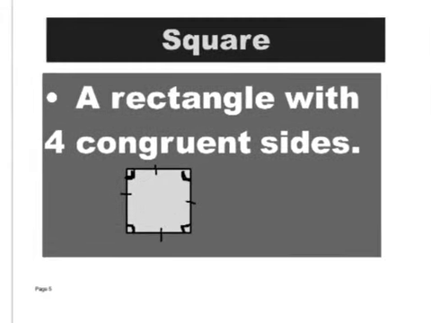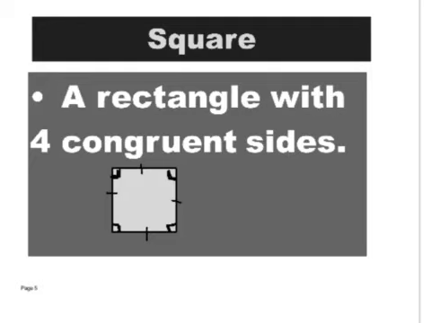Now this is a square. A square is exactly like a rectangle, except that all four sides are congruent to each other. Now I know this kind of doesn't look like it is, but that's because of the iPad kind of squeezing it down. These are actual congruent sides.